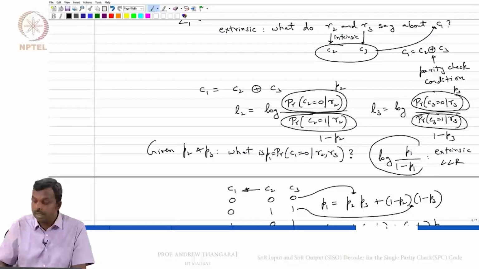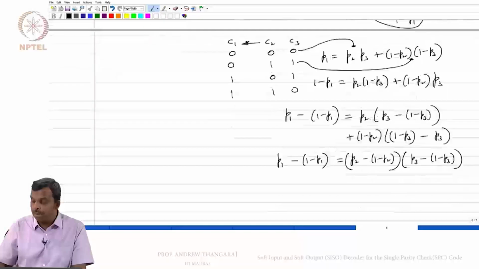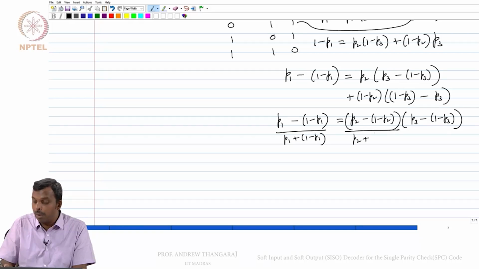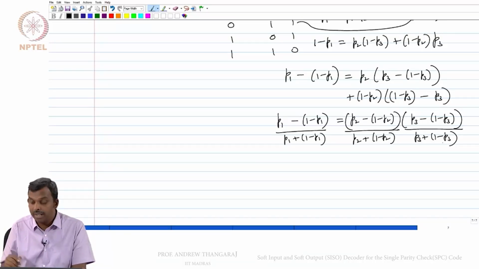So, I need to compute this. How do I compute this? It turns out you can divide throughout by this, basically divide throughout by 1 and write 1 as different things here. This is allowed, it is all just 1, I am writing it in a different way.